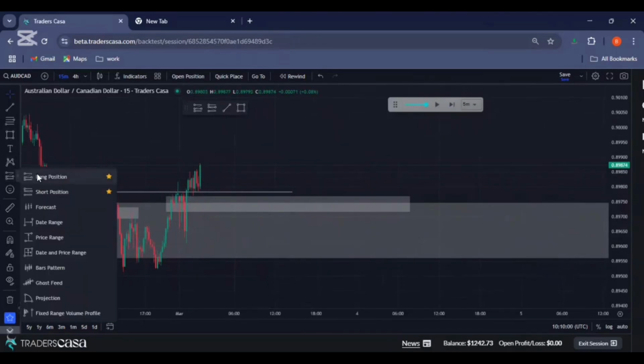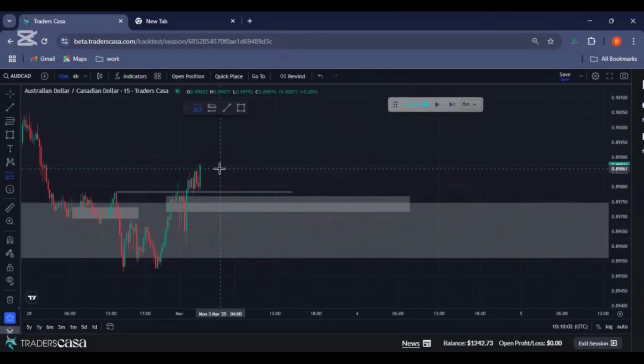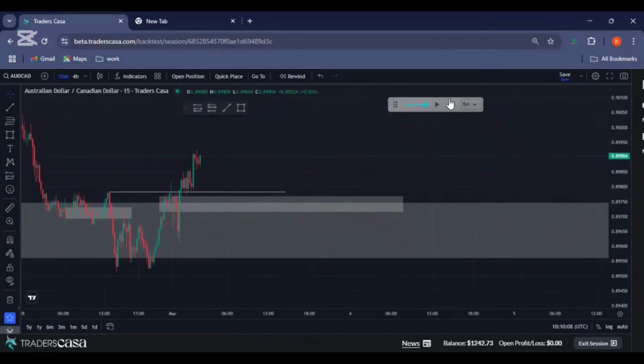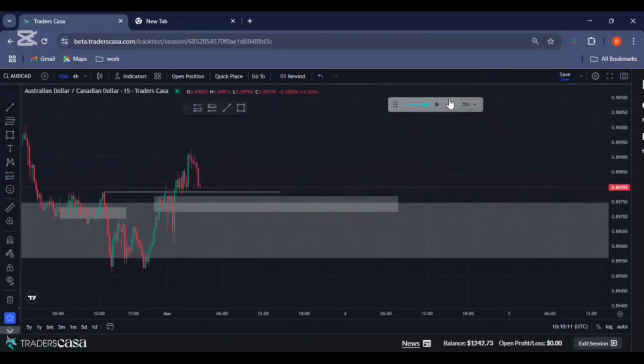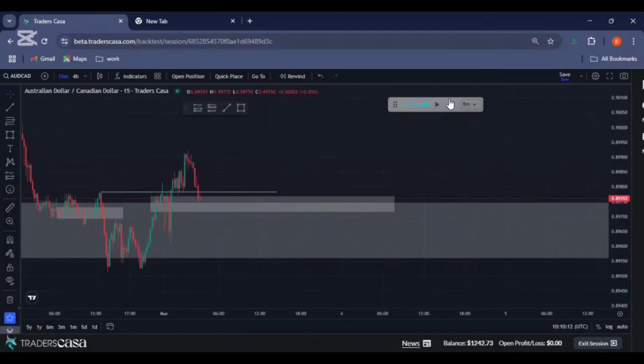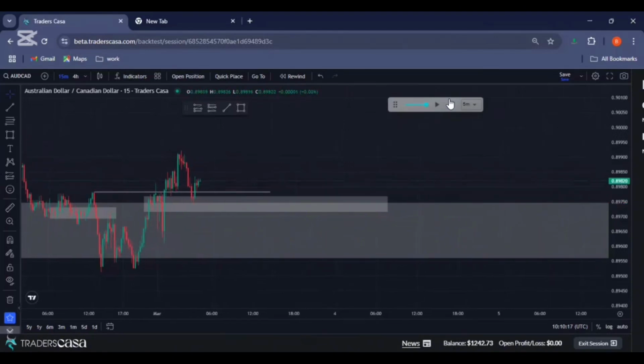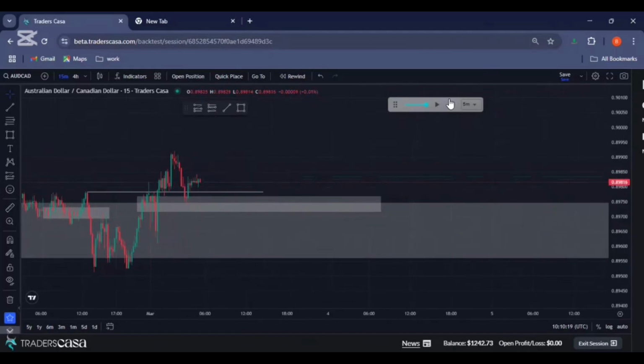I still want to enter from there. Okay, let's just calm down. See more price action. Let's calm down, wait for more price action. One more break of structure on 15 minutes time frame, then we'll go.